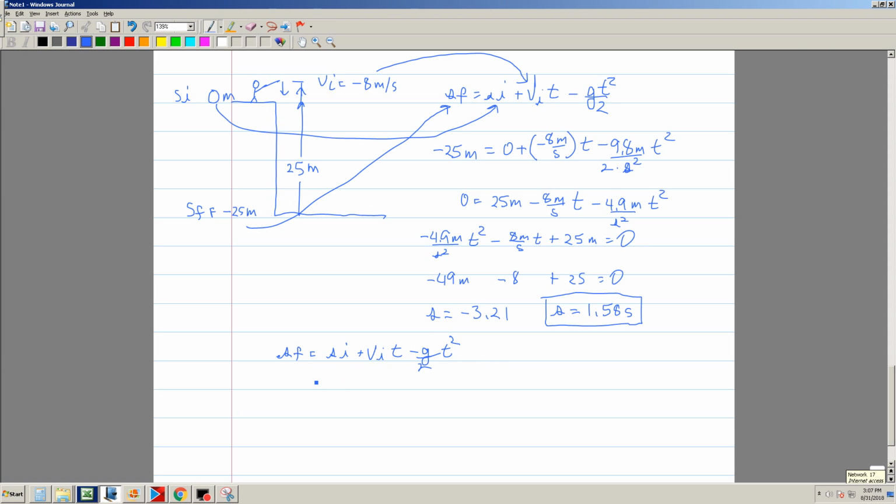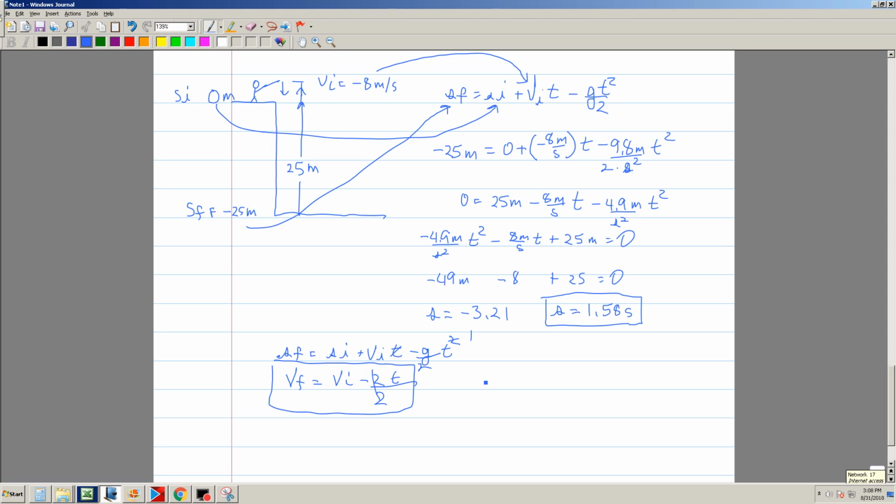We take the derivative, and when you take the derivative, you're going to have v final equals, and this goes to 1, so this is initial, and then the 2 comes to the front, but there's a 2 here, and this goes to 1, so here's the equation that we're going to use.